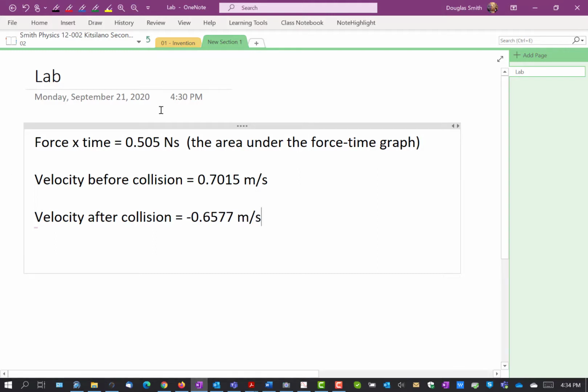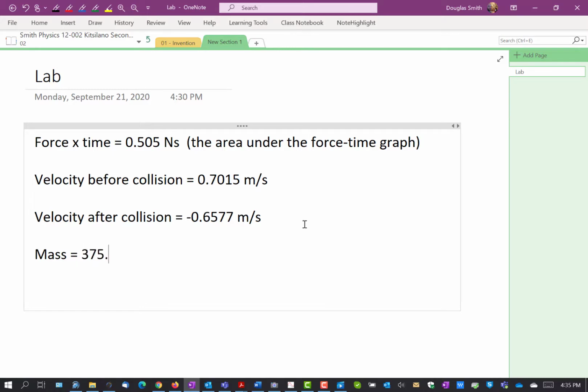Okay. And what did I say the mass of the cart was? I think I said the mass equals 375.7 grams or 0.3757 kilograms.